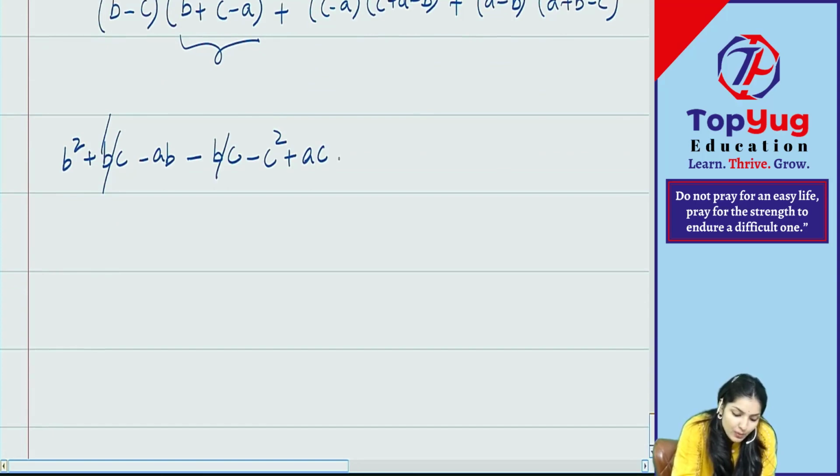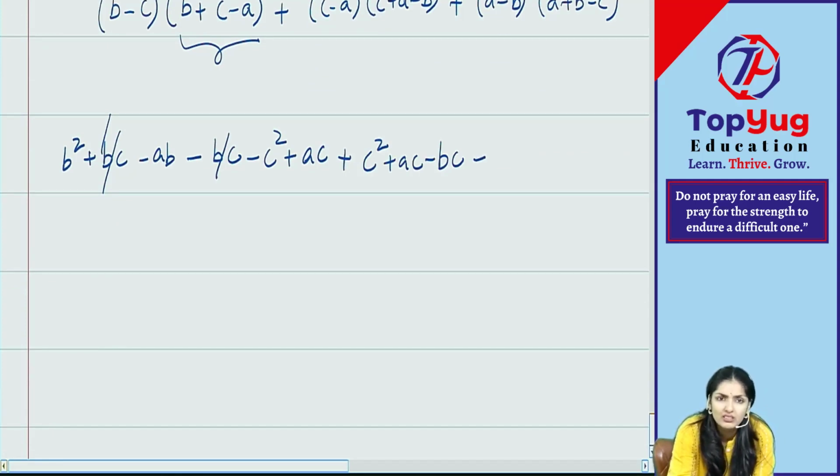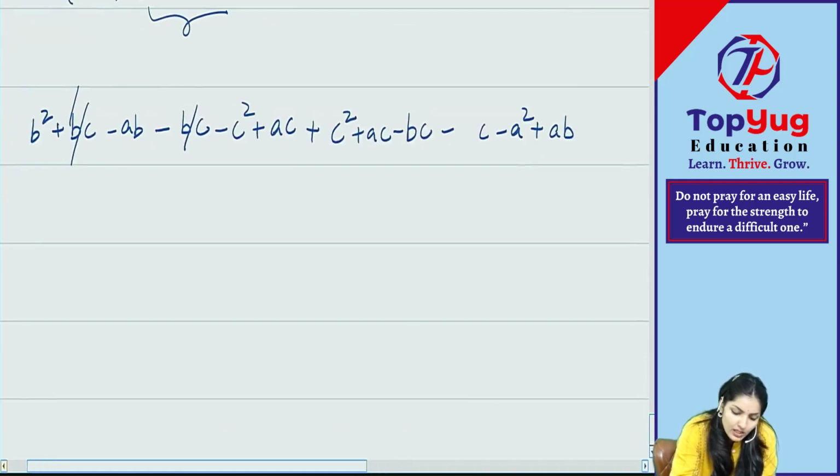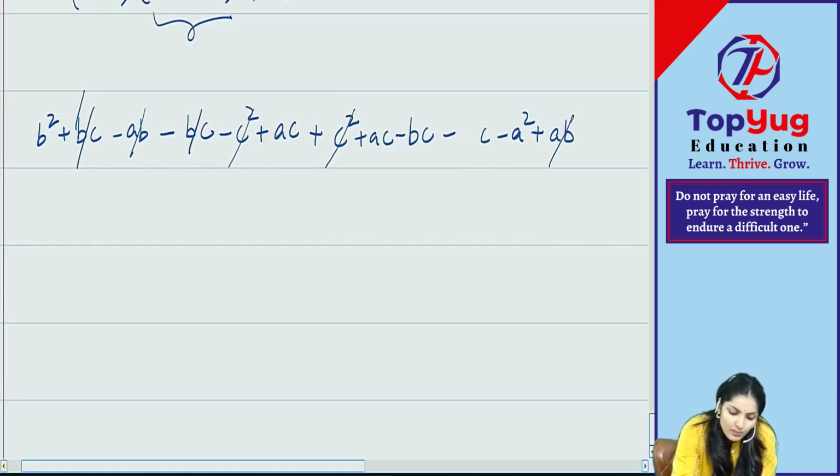I am going further now. Similarly, c square plus ac minus bc, minus ac, minus a square, plus ab. Now I can cancel plus ab and minus ab, and what else can I do? Minus c square plus c square.